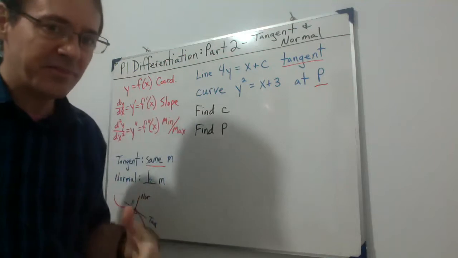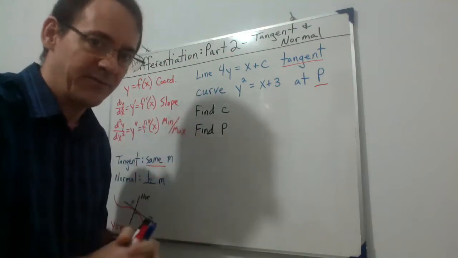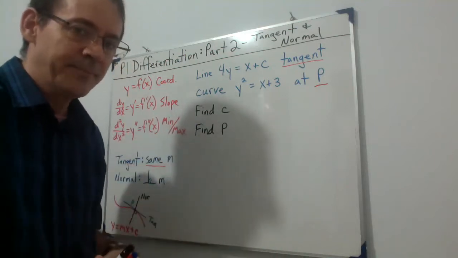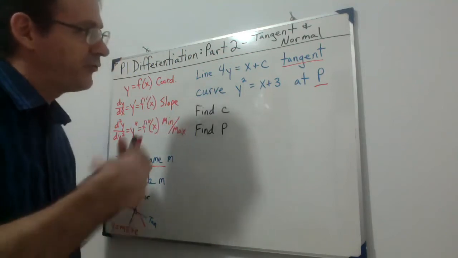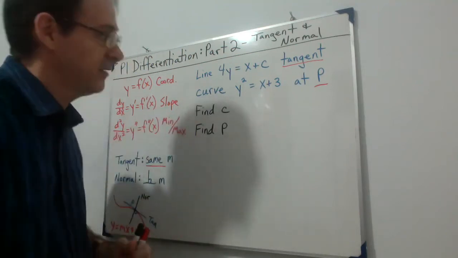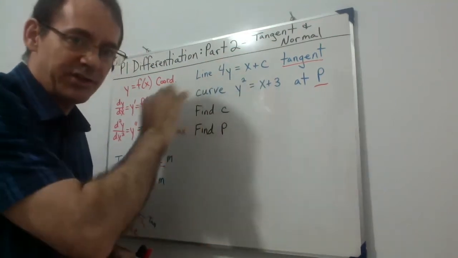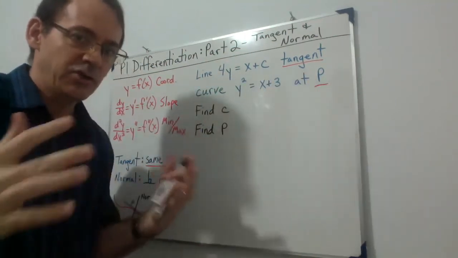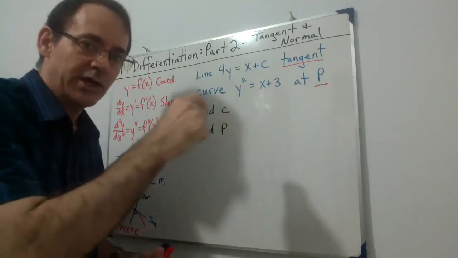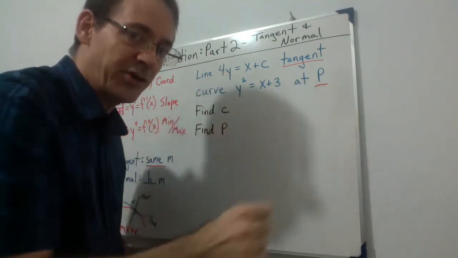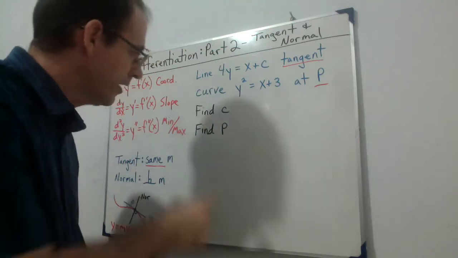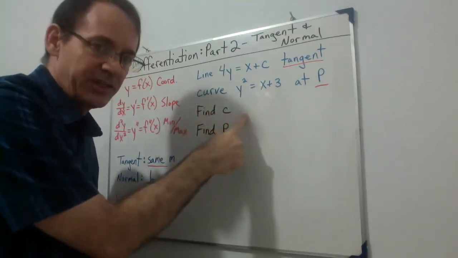So if you used the quadratics unit, you would put this equation into this one, set it up like a quadratic, follow the discriminant, b squared minus 4ac equals 0 for one solution, and then you could solve for c.